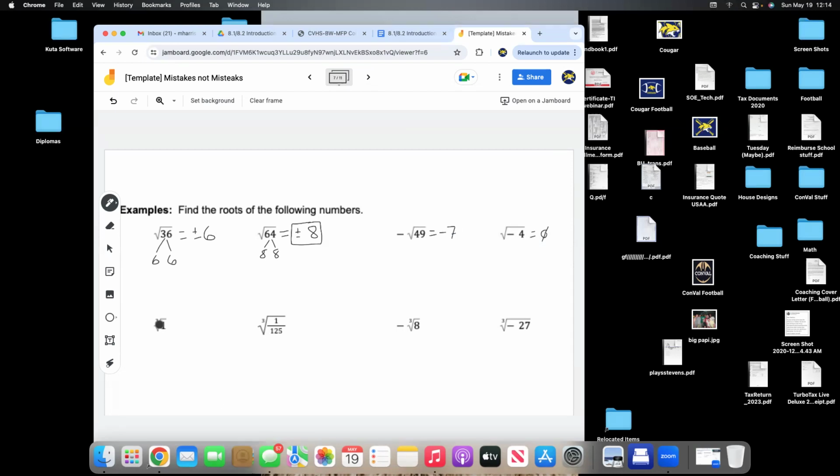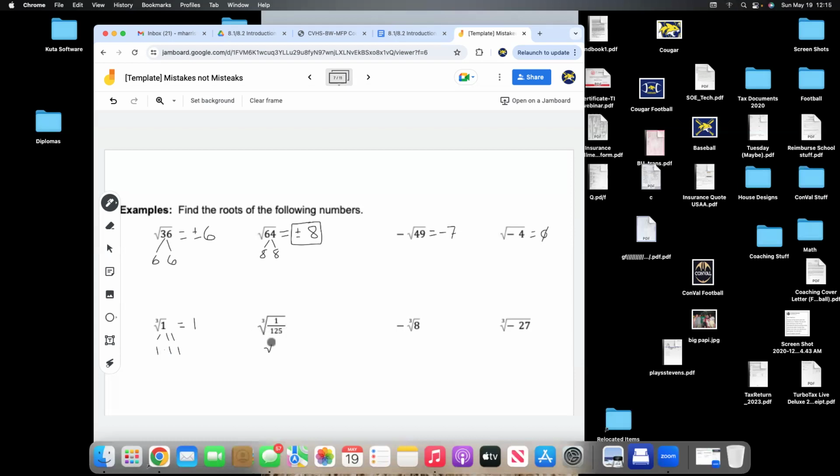Next, the cube root, because there's a 3 right here. The index is a 3. So it's the cube root of 1. So basically what it's saying is we have 1 times 1 times 1. So the cube root of 1 is just 1. Anytime we have a cube root, it's only going to be the positive. Next, the cube root of 1/125.